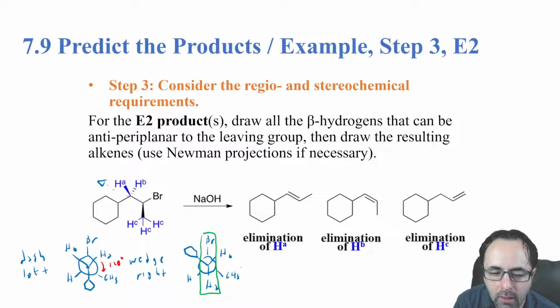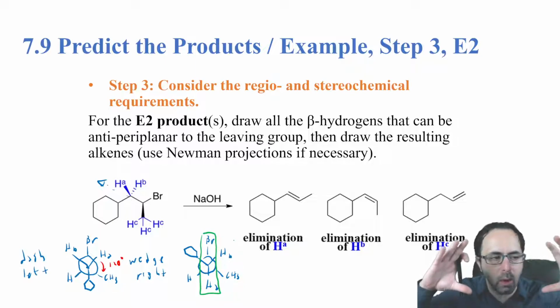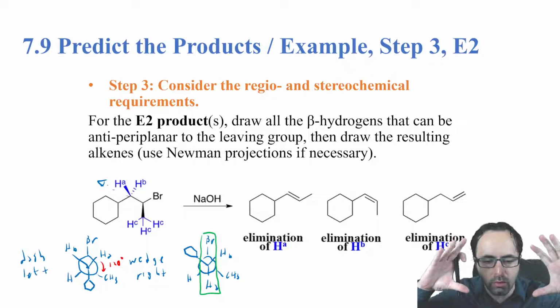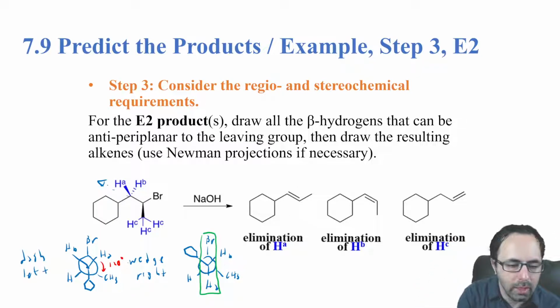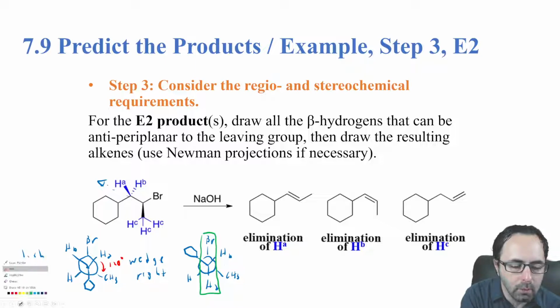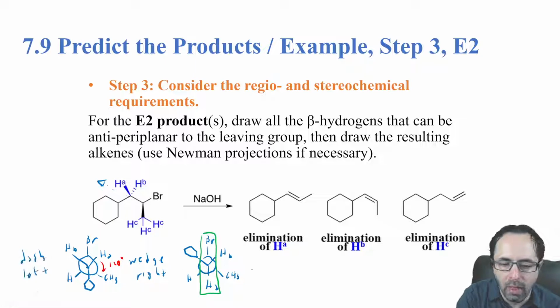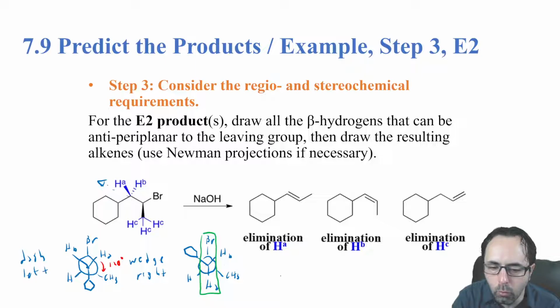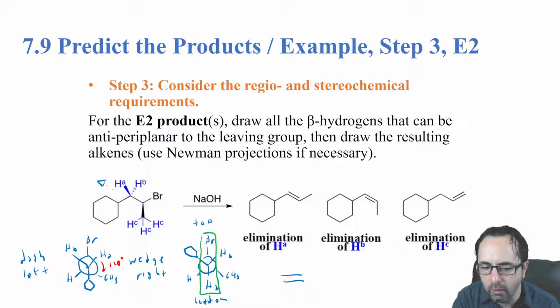Great. And so now what's going to happen is our structure is going to flatten, and we're going to make a double bond here. So now let's draw that. So I'm going to flatten it with a double bond here, and I'm going to call this the top, and I'm going to call this the bottom. You can do either side.